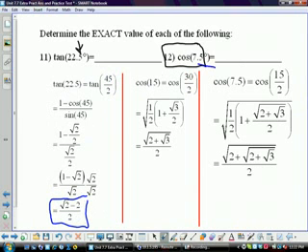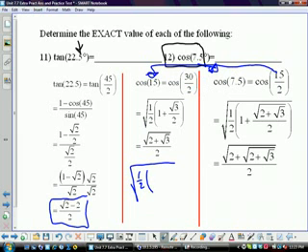Next one, my first step, I said, well, the cosine of 7.5 is the same thing as the cosine of 15 divided by 2. Well, I don't know cosine of 15, so I better try to find it. So I went over here and I said, well, the cosine of 15 is the same as the cosine of 30 divided by 2. So I use my half angle formula, which says take the square root of 1/2 times 1 plus cosine of 30.